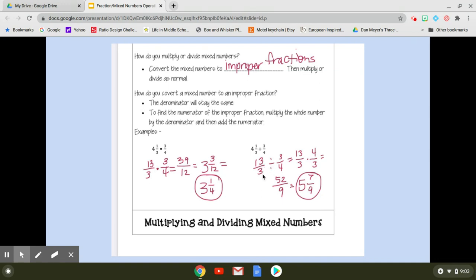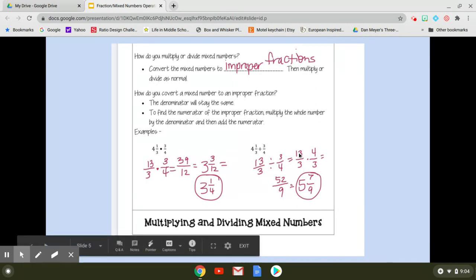So I take 13 over 3 divided by 3 over 4, turn that into 13 over 3 times 4 over 3. Remember, the reciprocal is just the opposite of a fraction, so I flip it over basically. So when I multiply that, I get 52 over 9. So 13 times 4 is 52. 3 times 3 is 9.